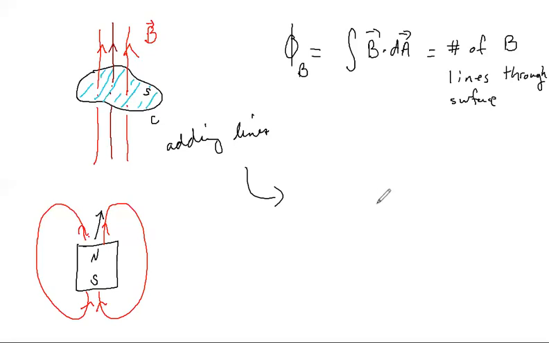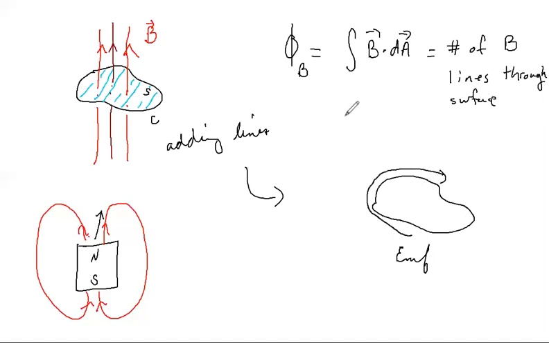So if I redraw my little loop, sorry if it's not exactly the same, then what we find is that the rate at which we add field lines through the loop gives rise to an EMF which is generated around the loop.